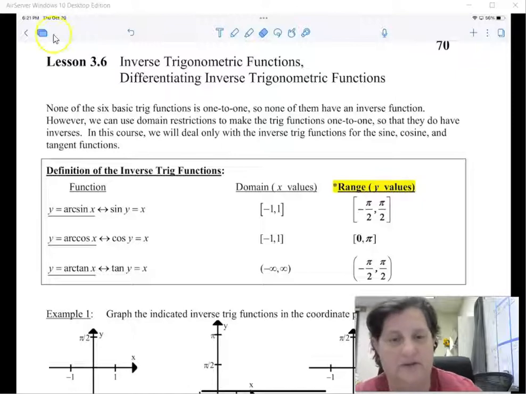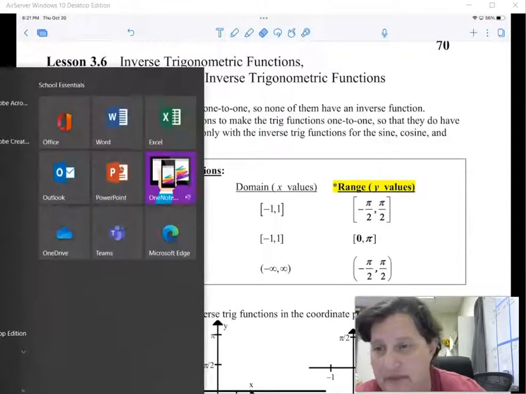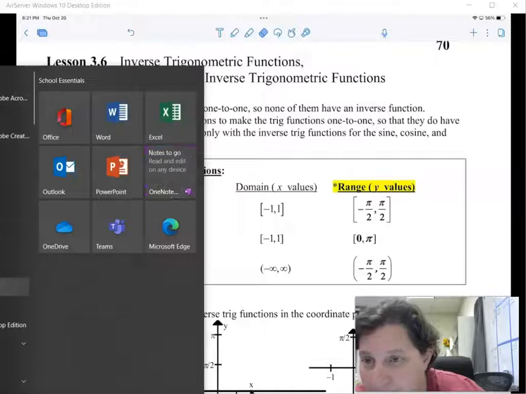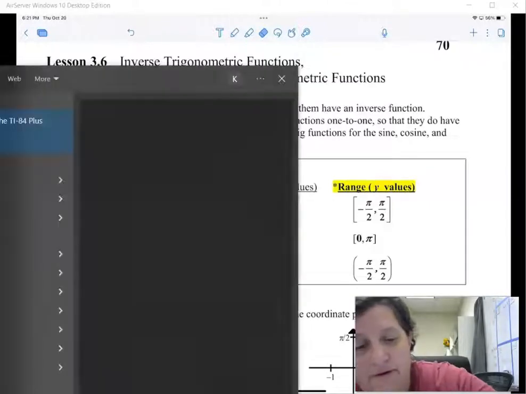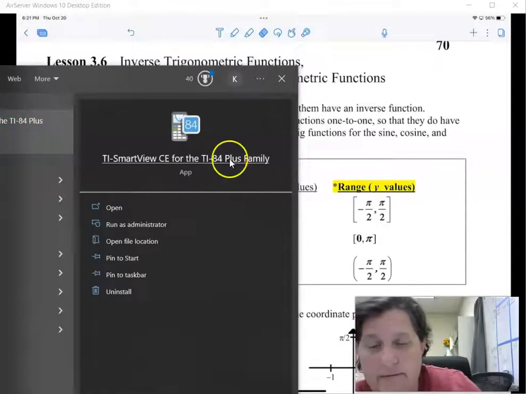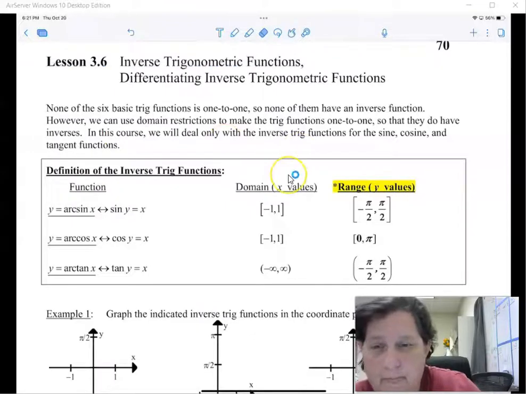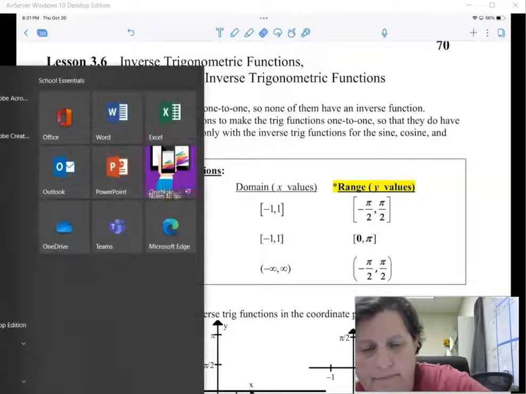You guys have seen these buttons on your calculator. You've used them in the past, actually. Let's see if I can pull this up here. Come on, calculator. Dude.